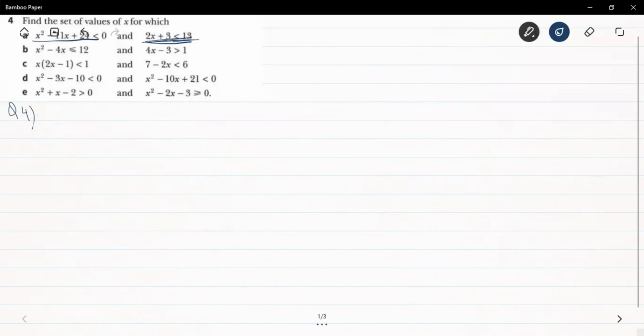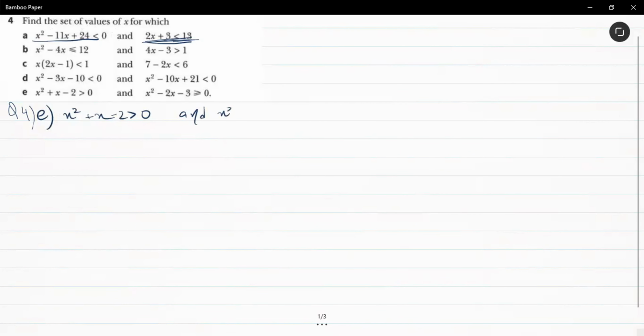For part E, we have got x² plus x minus 2 is greater than 0, and x squared minus 2x minus 3 is greater than or equal to 0. My bad. So again, what I'm going to do is use my calculator to find the quadratic equations.